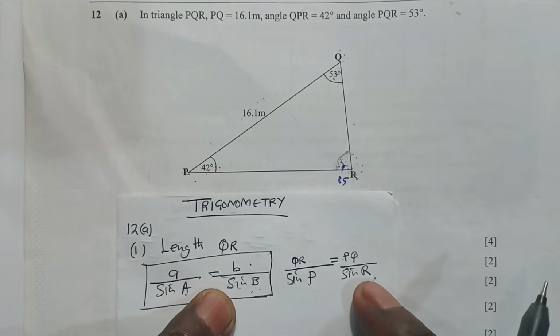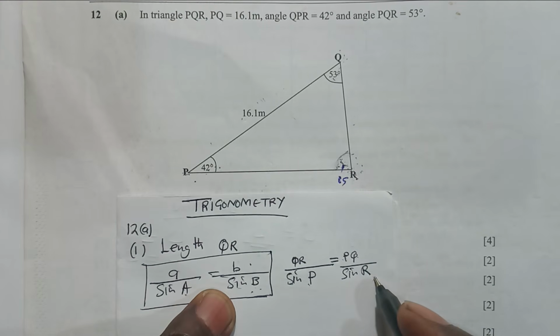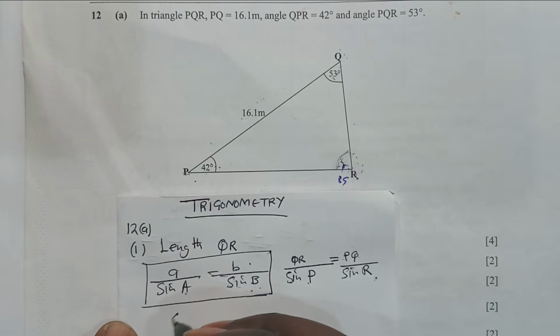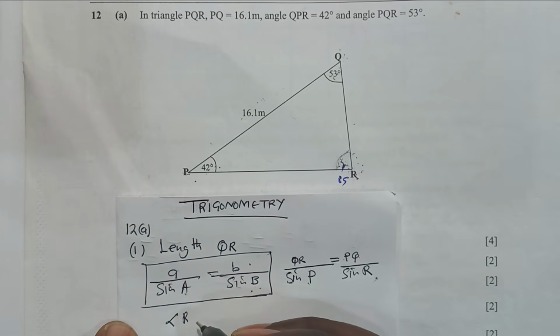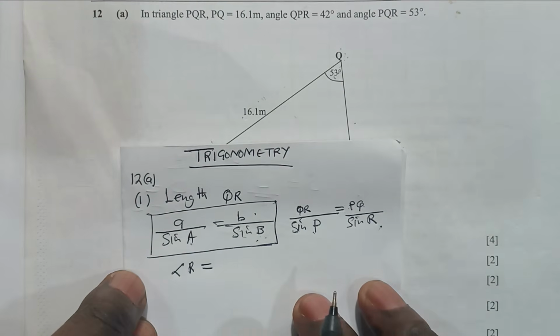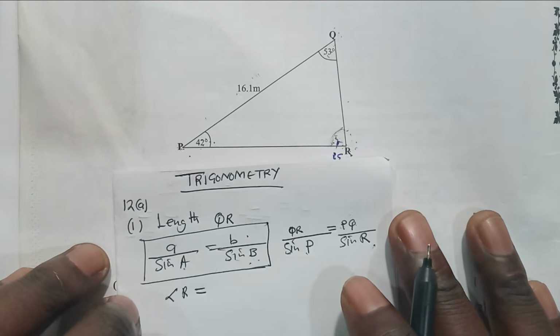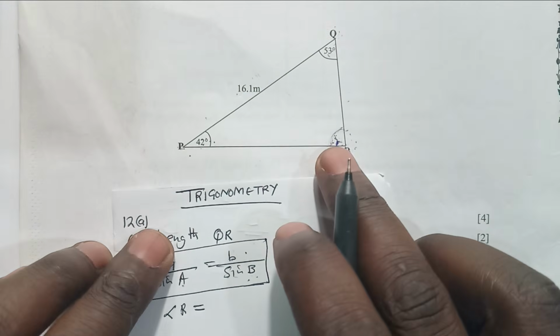To begin with, we are going to find the angle at R. How can we find the angle at R in this triangle?